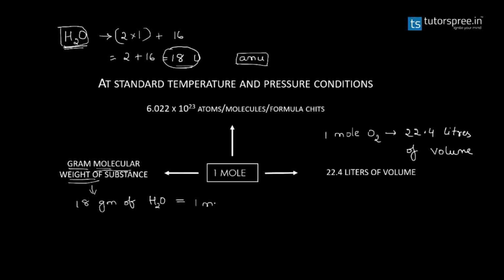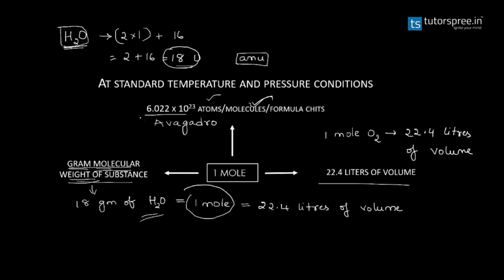So 1 mole of any substance will occupy 22.4 liters of volume, or will be equal to the gram molecular weight of the substance, or will contain the Avogadro number of molecules. Clear?